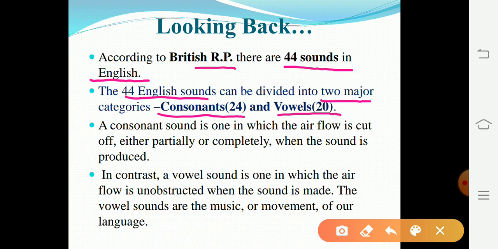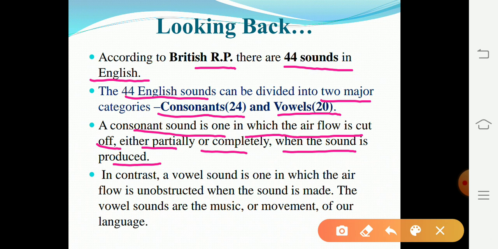So, what is a consonant sound? A consonant sound is one in which the airflow is cut off either partially or completely when the sound is produced. In short, during the production of consonant sounds, the lung air escapes through the mouth with friction.